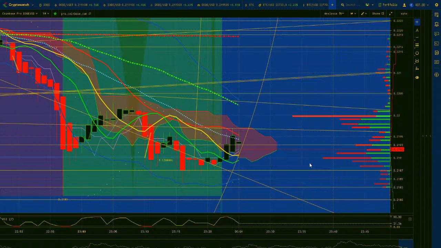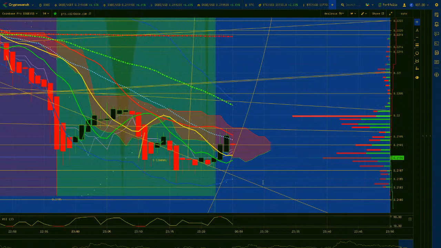So on the RSI, it has a lower low, but a higher price. Higher on the indicator, lower on the price.